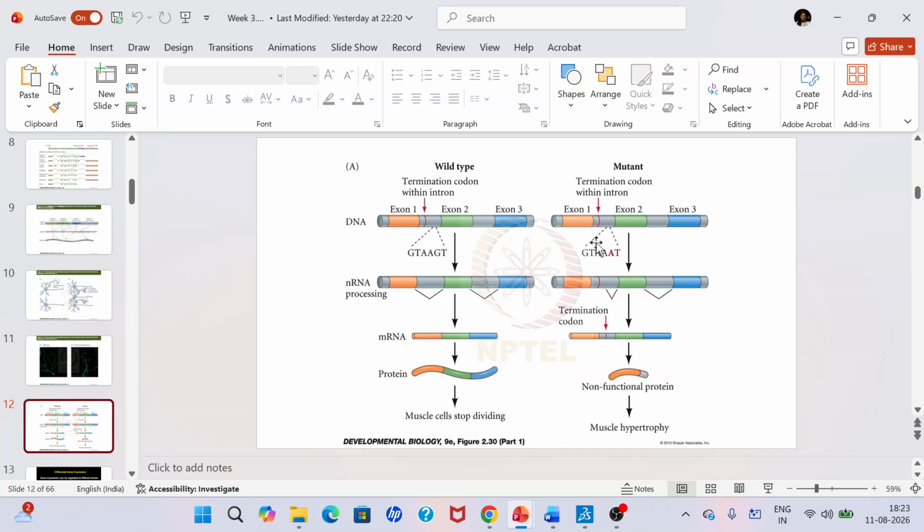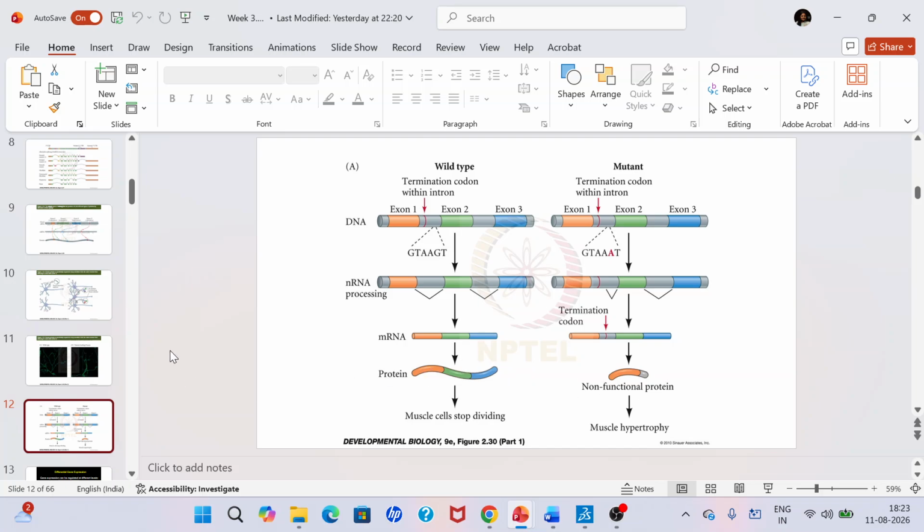So before forming a complete mature protein, the translation will be stopped at the termination codon, and a truncated protein will be formed. That will be a non-functional protein, and that can lead to diseases. For example, here it is muscle hypertrophy. So there can be many kinds of diseases related to RNA splicing also.